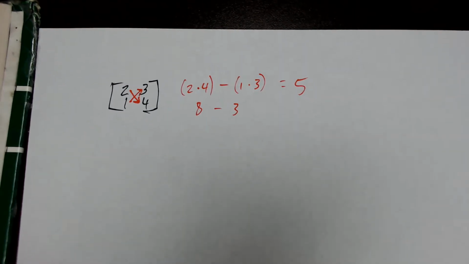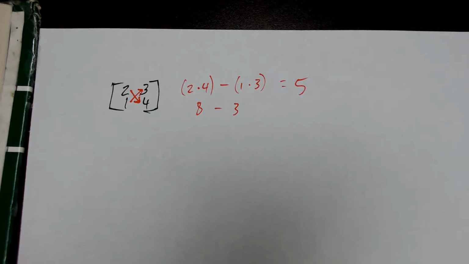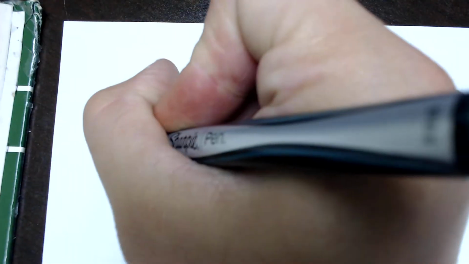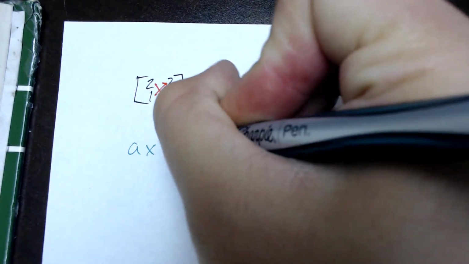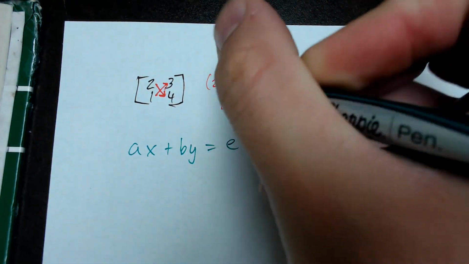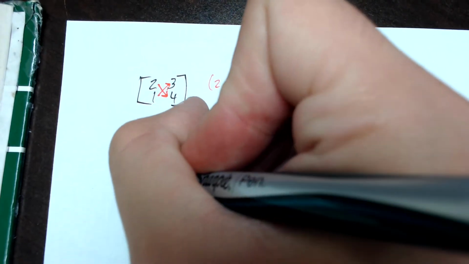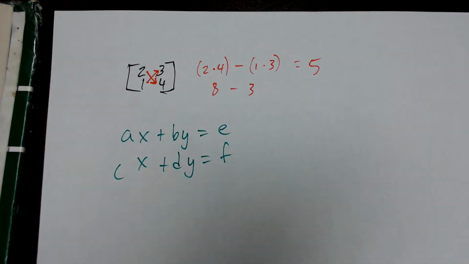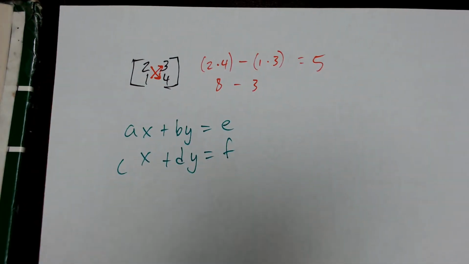Now, we have to review determinants because we're going to use these in Cramer's Rule, which tells us some cool ways to solve systems of linear equations. If you remember the equations we've been solving, ax plus by equals e, and cx plus dy equals f, and we were asking what the formula is when we solve for y.